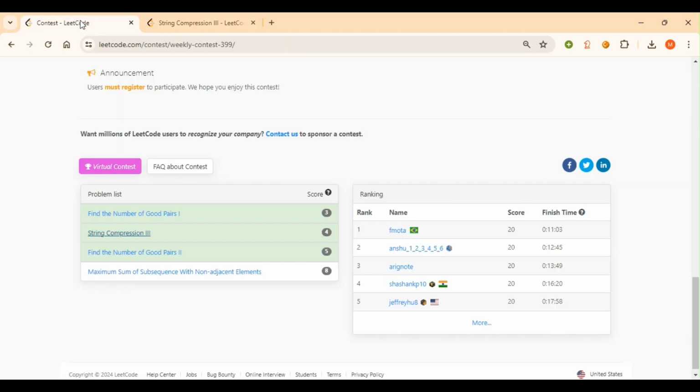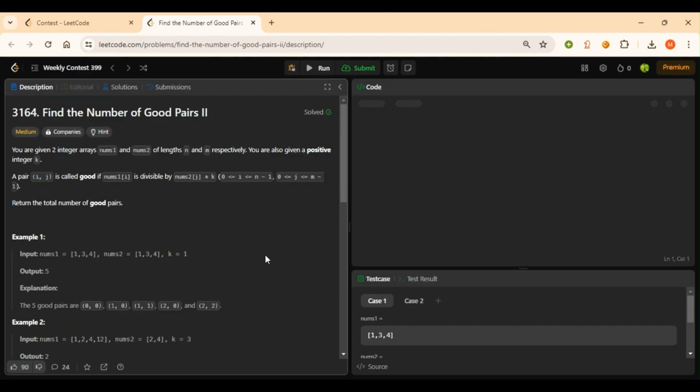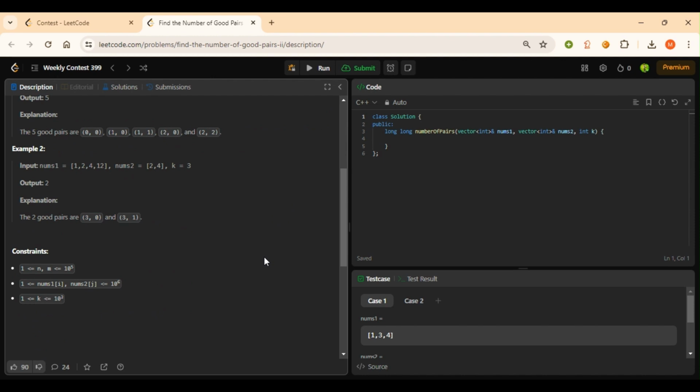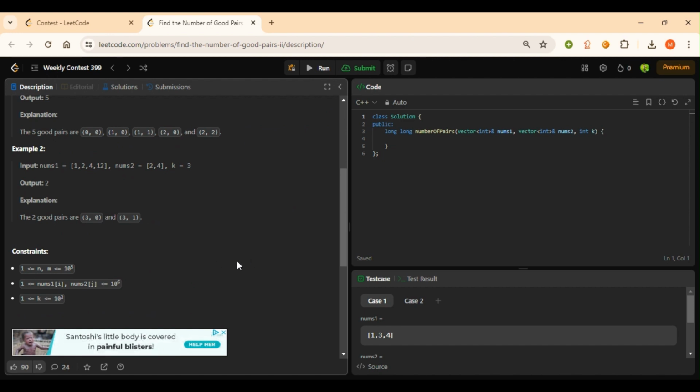Let's go for the third one. The third one was quite a bit interesting. It was just another version of the first problem, but I would say it was a medium level problem because the constraints were a bit more difficult compared to the first one.